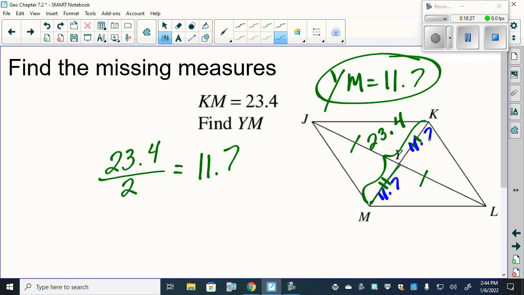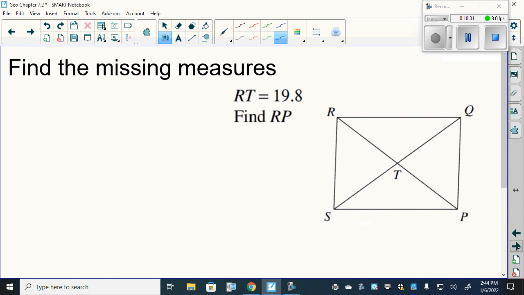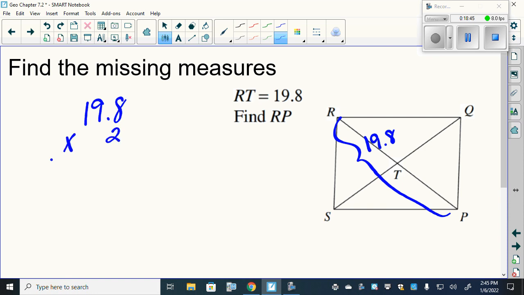We ready for the next one? Okay, they tell us that RT is 19.8, and we want to find RP. We can multiply it by 2 because both segments are going to be 19.8.